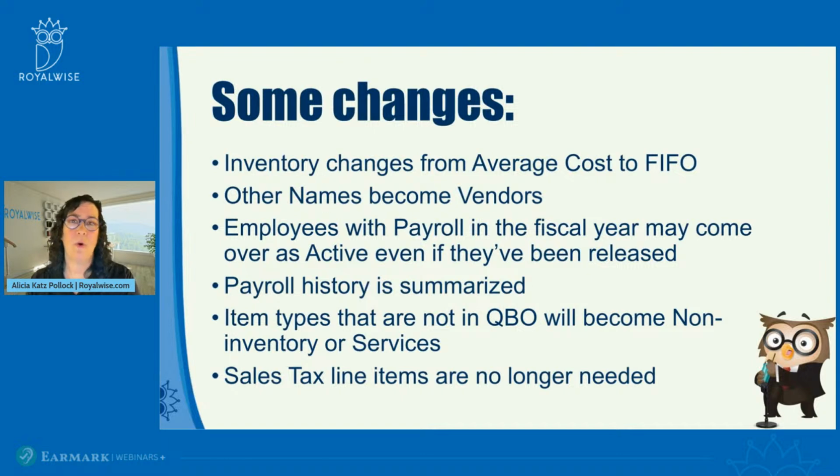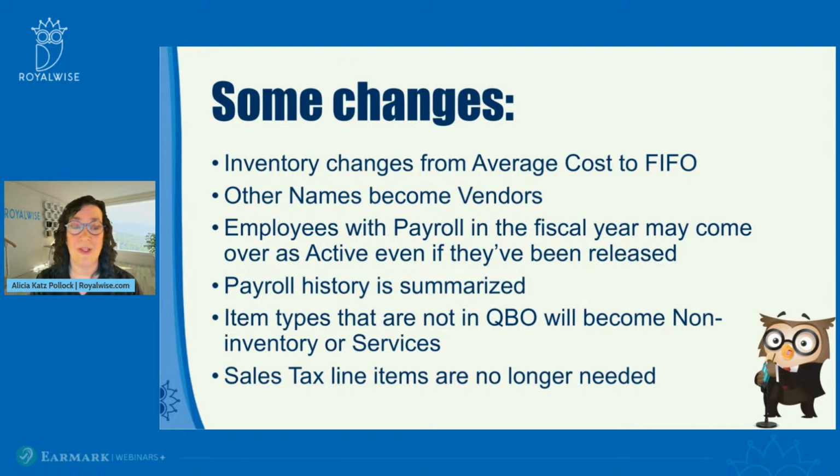Because there were payroll transactions and it needs to bring those over, they get reactivated, and then you can just inactivate them when you're done. The payroll history that comes over is summarized. You don't get all the nitty-gritty of all of the breakdowns of all of the checks. All of the numbers are right, and all of the tax payments are there, and all of the paycheck amounts are there, but it's not broken up into the same granular detail.